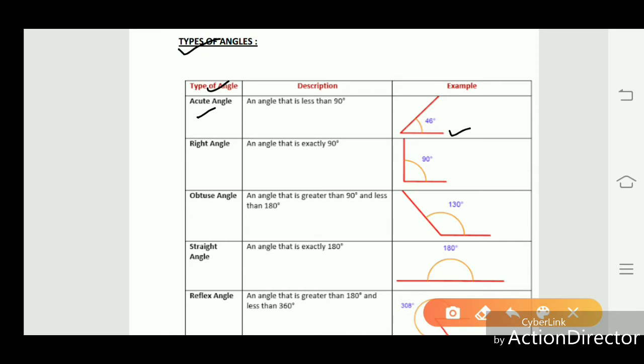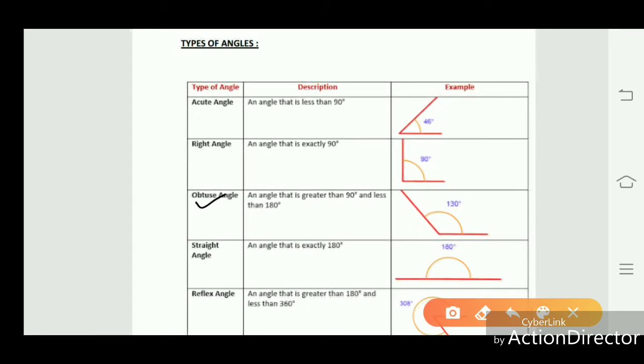Examples like 46 degrees, and others like 30, 60, etc. Right angle: an angle that is exactly 90 degrees, or we say a 90 degree angle is known as a right angle. Example: a 90 degree angle figure.